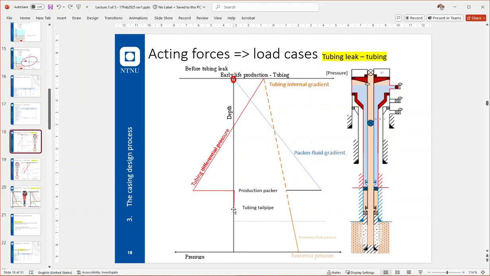We cannot have a situation where the pressure increases like that in that pocket. So we need to have a one-way seal at the stinger going into the liner hanger, or a fully open two-way communication. It doesn't really matter.